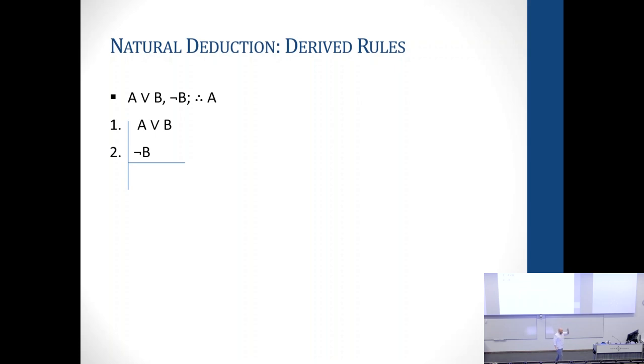Let's think. If we assume B, do we know anything about B from our initial assumptions? We know it's false. Cool. So we would then have B and its negation, which sets us up to use negation elimination, right? To get a contradiction, and then we use explosion.